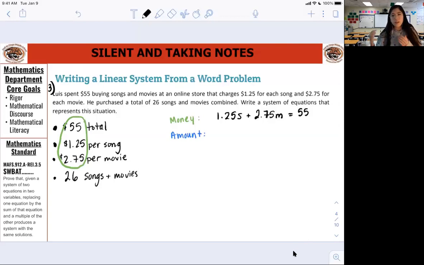Not the dollars that he spent, but just how many physical songs, how many physical movies. So that's just going to be S plus M equals 26. The songs plus the movies are 26. There's my system. Questions on how I got those numbers?